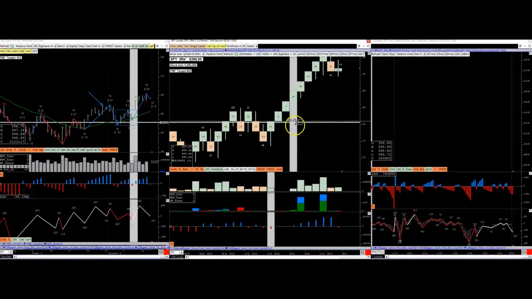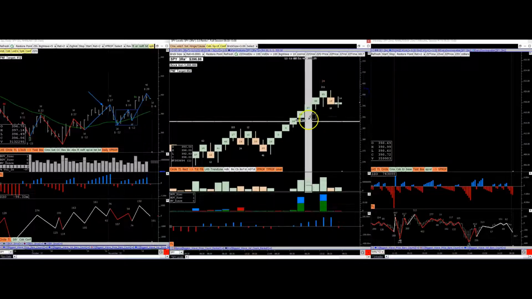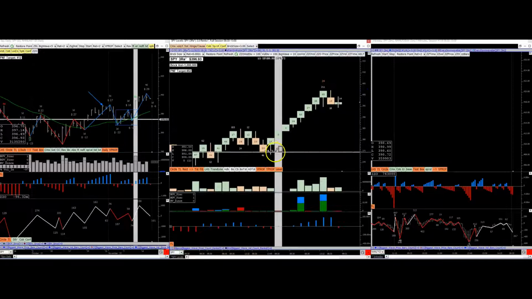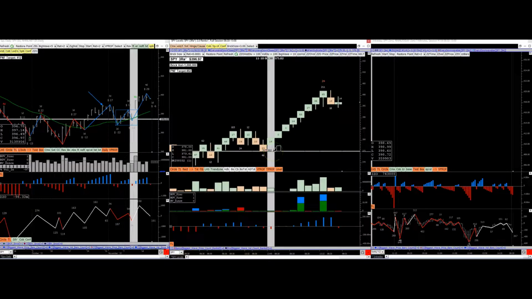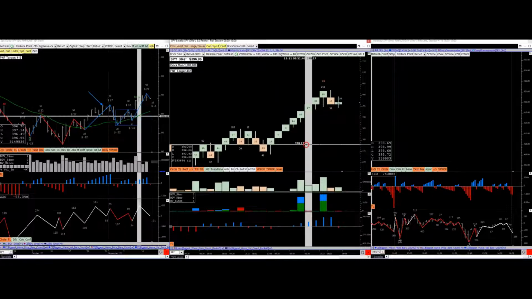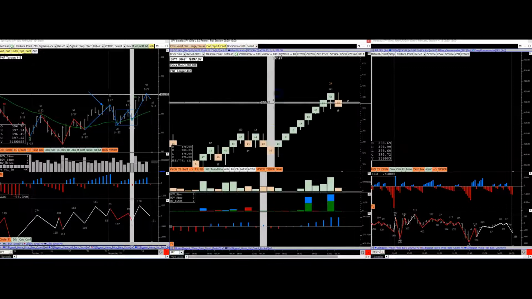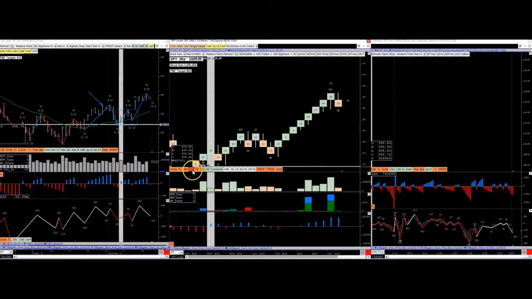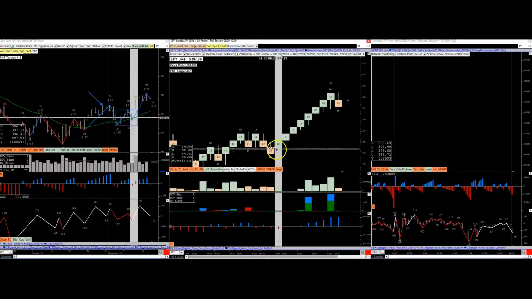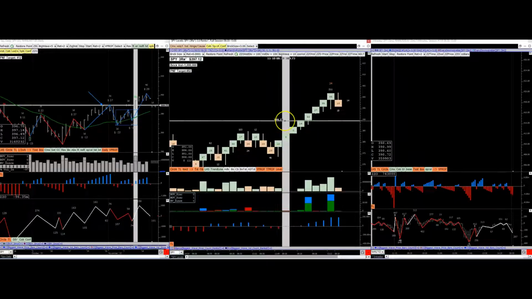So what was it? The Renko and the profile, they help confirm one another. Profile by itself will not. I think there's a lot of mistakes. For example, I'm using it for a very specific reason, and that is confirming the Renko and the areas of where the market should defend.